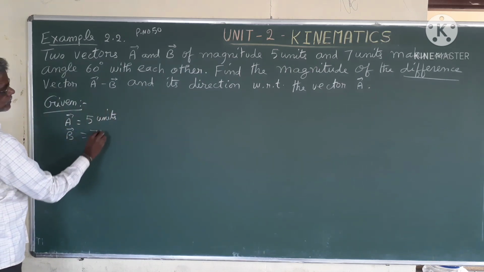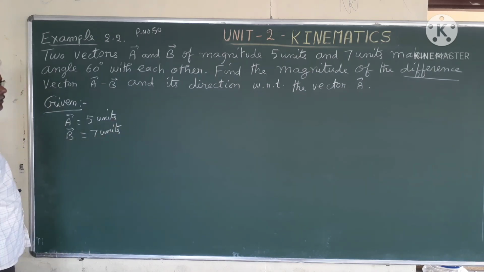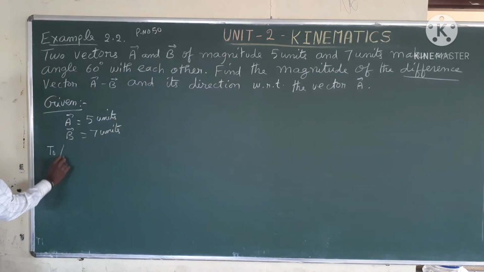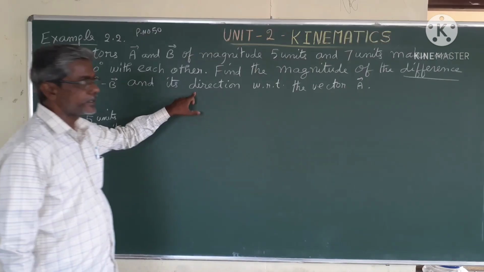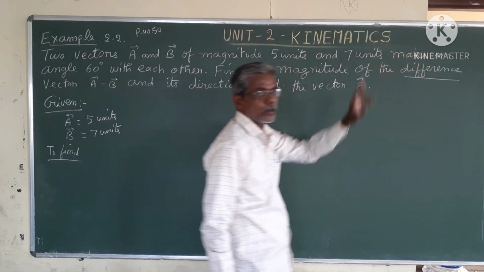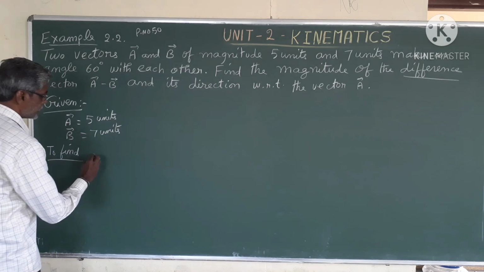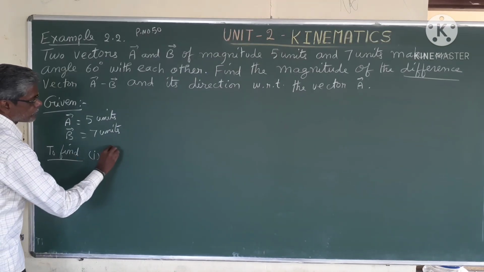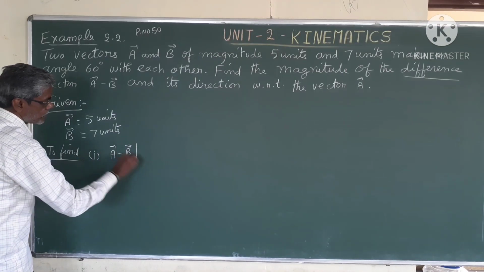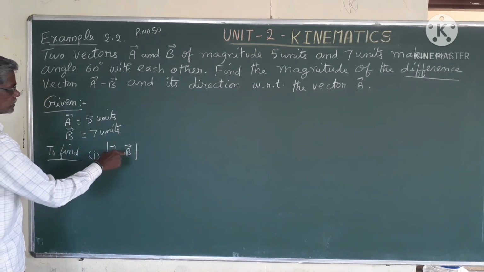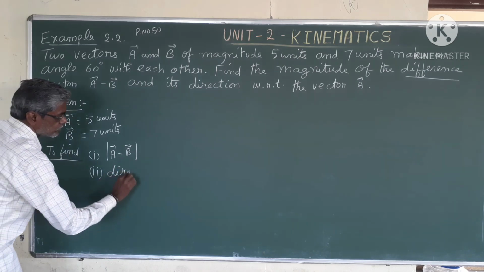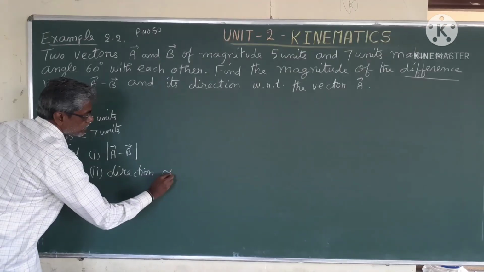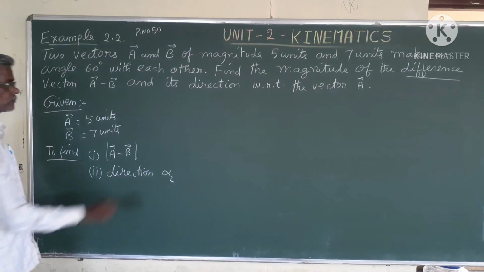B vector 7 units. What they ask to find? They ask to find the magnitude and direction of difference vector. They ask to find out the direction, that is alpha 2.